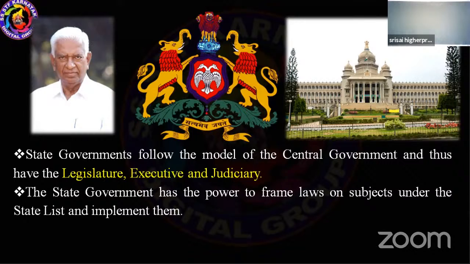On the issues mentioned in the concurrent list, both the central government and the state government have the right. But when it comes to clarity on an issue, the central government policy will prevail. If both the state government and the central government make a law or policy on issues in the concurrent list, the central government policy or law will remain. They won't consider the state one.